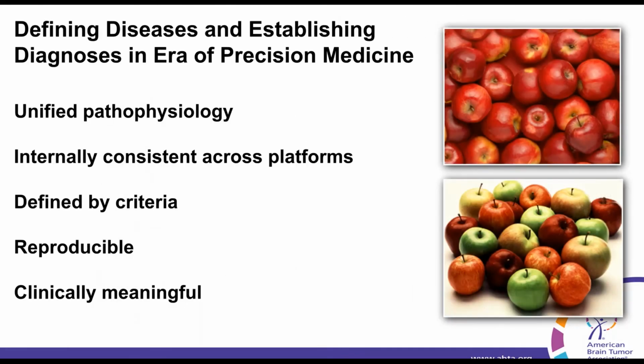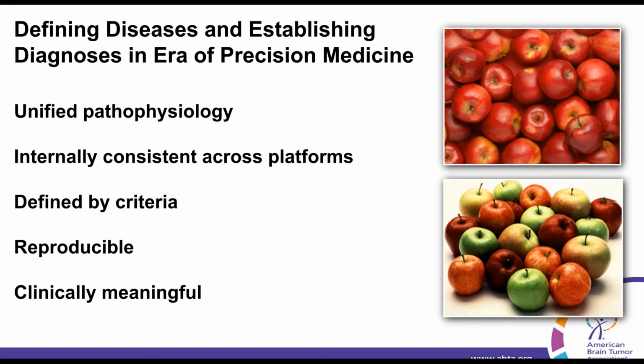So defining diseases and establishing diagnoses in an era of precision medicine needs to be done in a very thoughtful manner. We need to do it in a way where a diagnosis and a platform provides a tumor or diagnosis that has a unified pathophysiology.